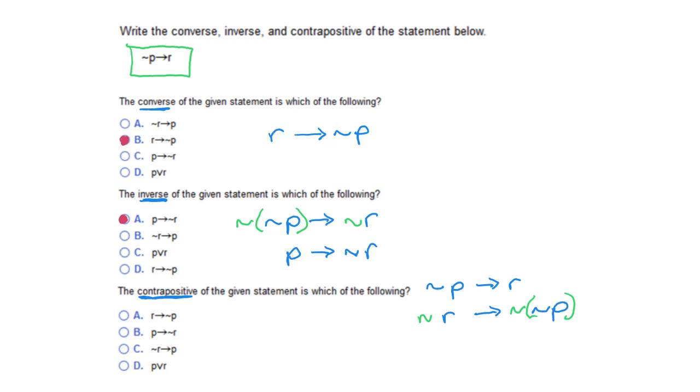We will do one more final rewrite. We have if not R, then P. If not R, then P matches answer C. And this concludes our lecture.